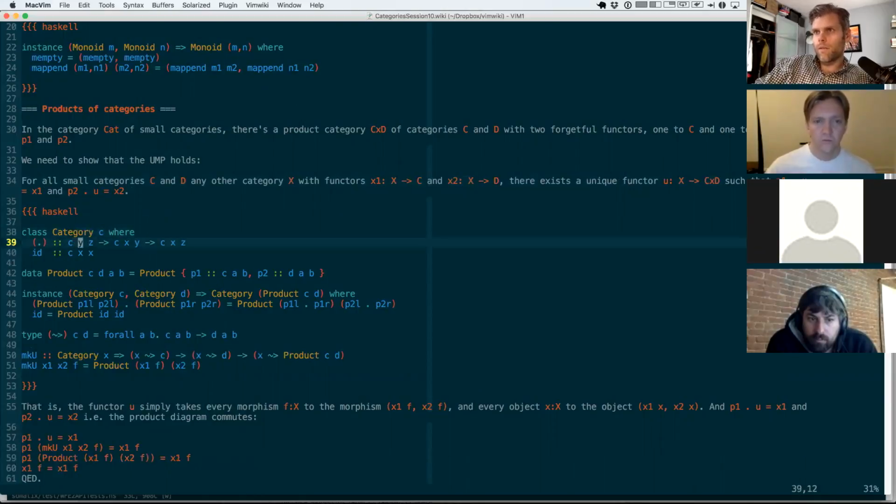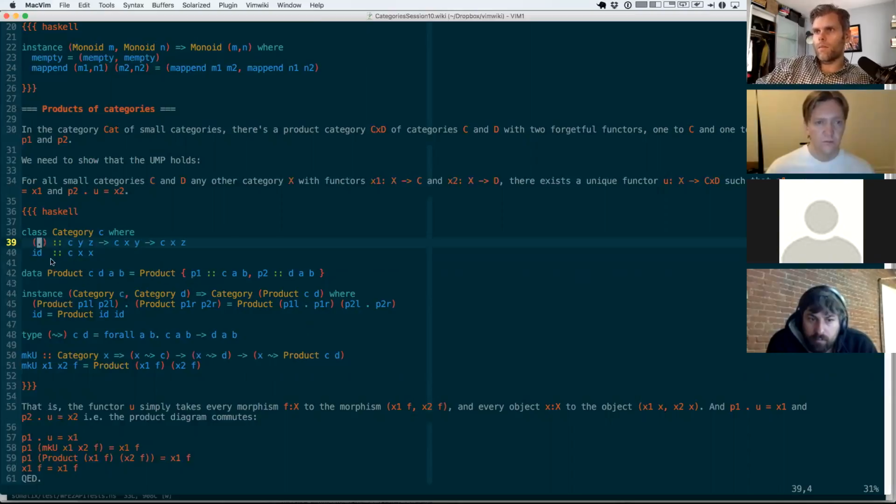So we have this type class Category. C is a category if it has an associative composition operator, like this. So we take an arrow from Y to Z, an arrow from X to Y, and an arrow from X to Z. And we have an identity arrow from X to X, which is supposed to be a unit for this composition operator.